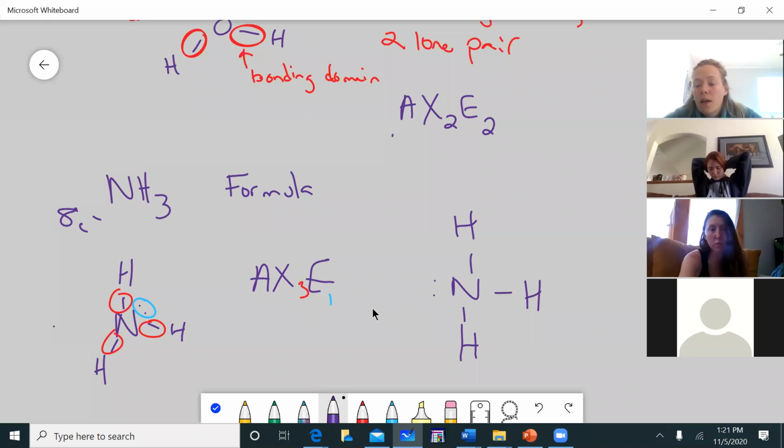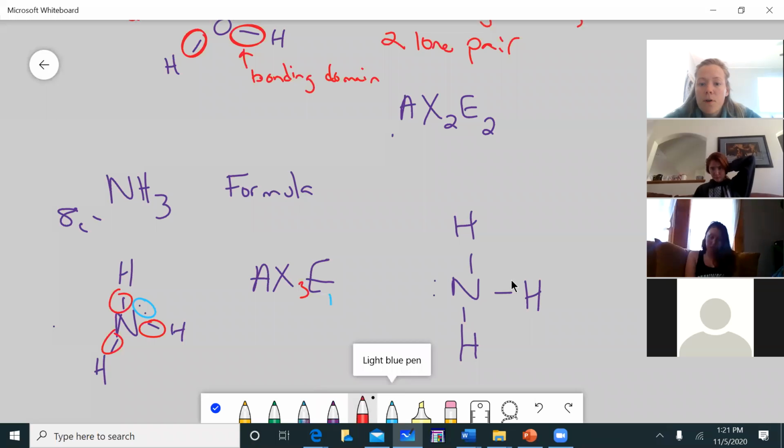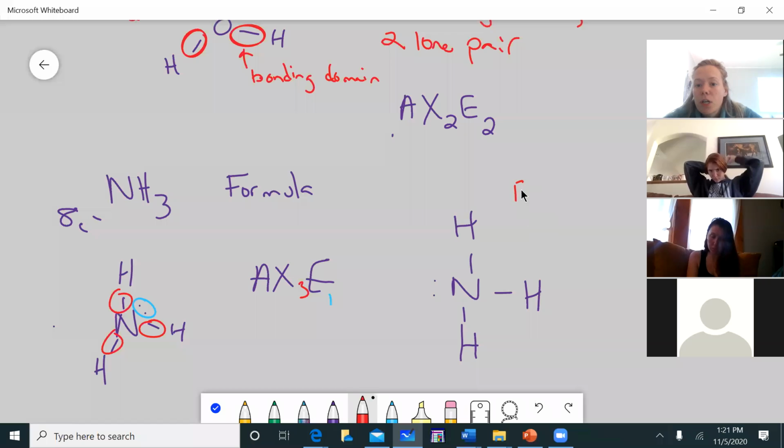Could you explain formal charge on this particular one? Yep, please. Yeah, let's do it. So formal charge, let's do it for nitrogen. Nitrogen is in column 5. So we've got 5 minus 1, 2, 3 lines, and then 2 dots.